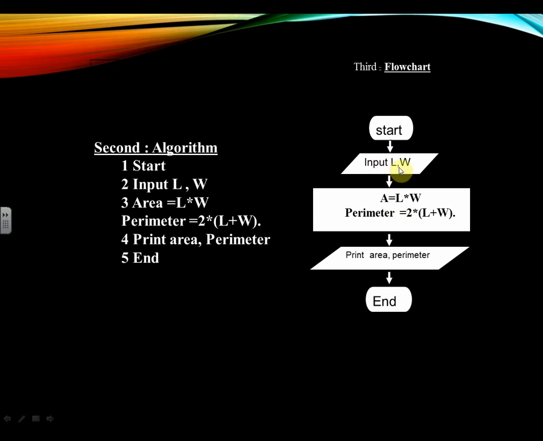So input L and W. Area equals L times W, this is the equation, and because this is a process, we need to put it inside a rectangle. Perimeter equals 2 times L plus W. It's also an equation, so we have to put it inside a rectangle. Print or output area and perimeter, and finally we draw an oval shape to put the word end inside it.